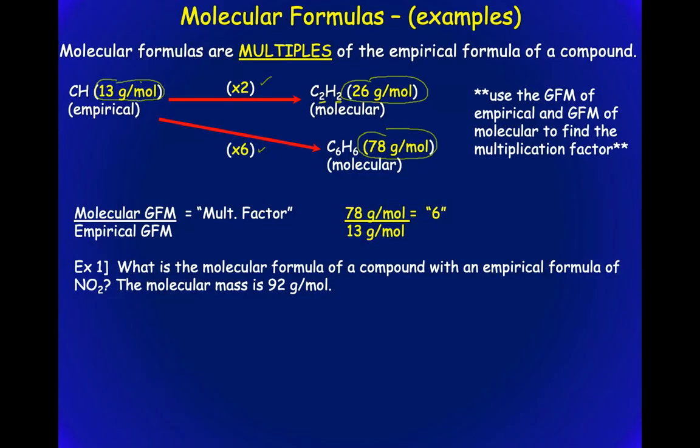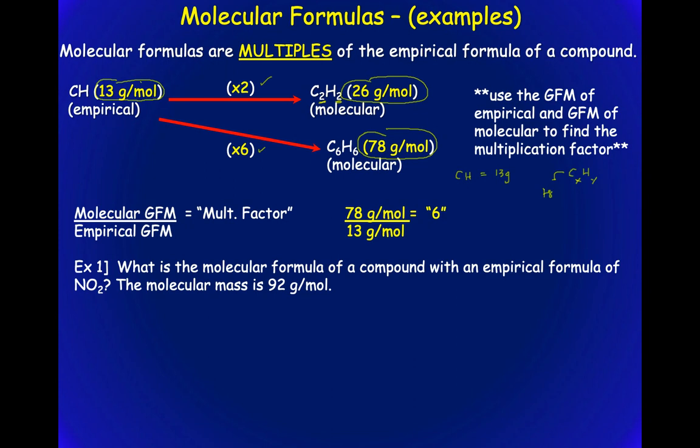So let's just say we knew the empirical formula is CH, so that would be a GFM of 13. Well, what if I didn't know the multiple? I'm trying to find the molecular formula, and I knew that the GFM was 78.